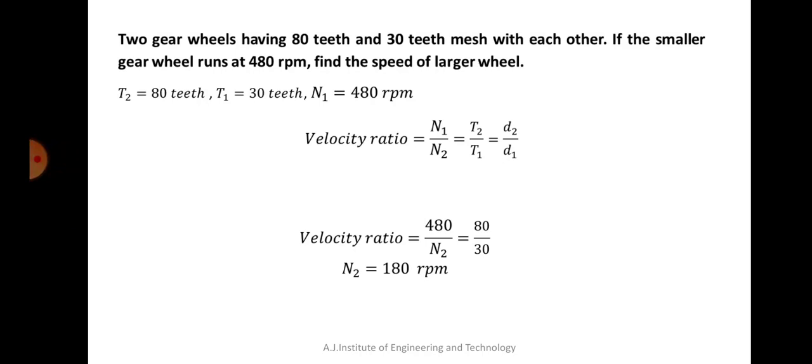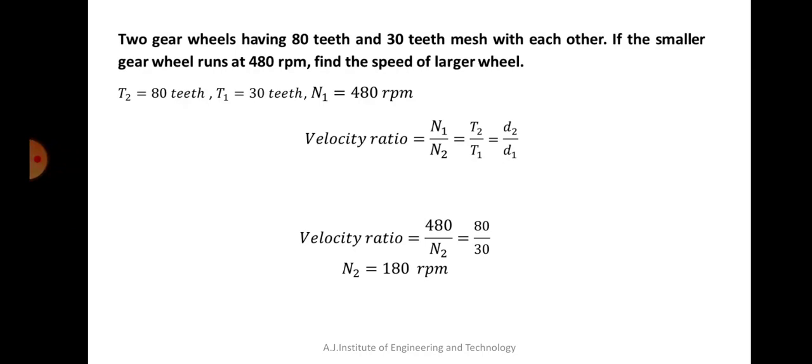So obviously we have only one formula related to velocity ratio. n1 by n2 is equal to t2 by t1. Right. So t1 is given, t2 is given, and n1 is given. You will have to find out n2. Two gears having 80 teeth and 30 teeth are meshing with each other. If the smaller gear is running at 480 rpm, find the speed of the larger wheel.